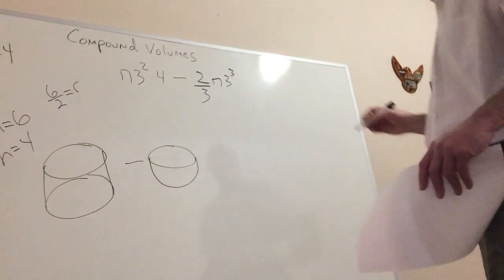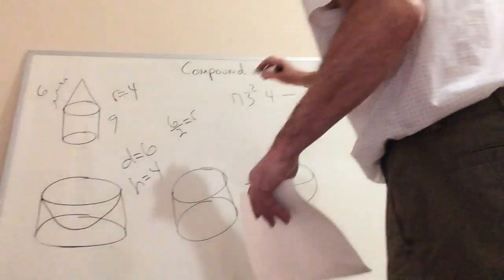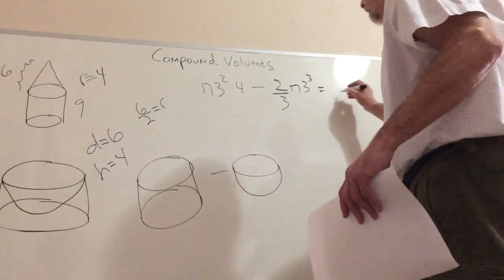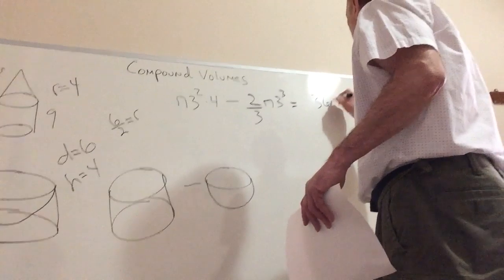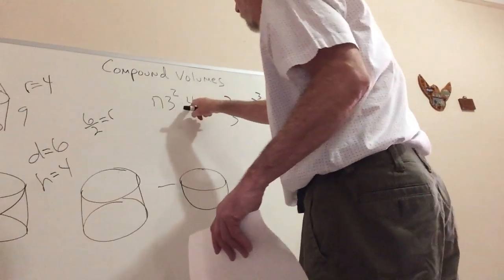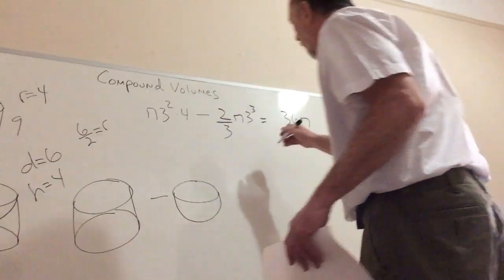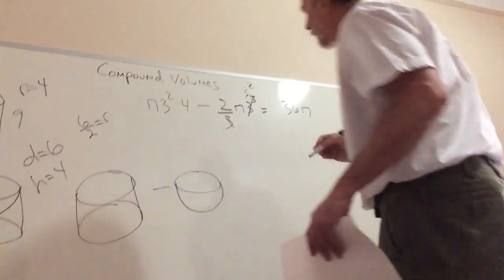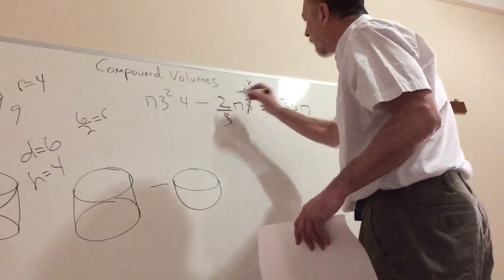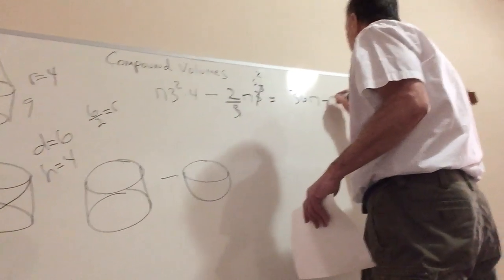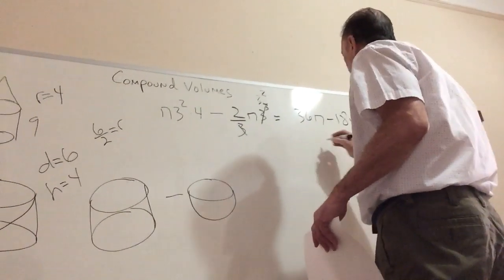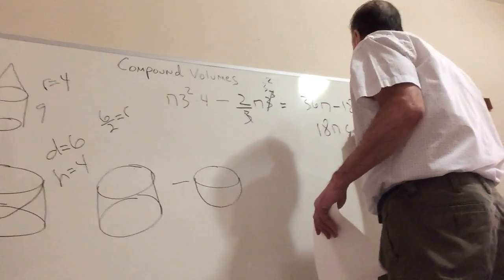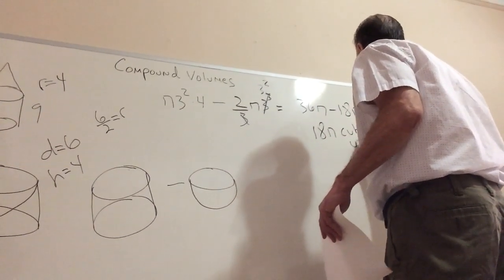So there we put in the numbers where they belong. We're basically doing 6th grade math now. We continue. This is 36 pi. Reason, 9 times 4 is 36. One of the pi's is going to cancel by the product rule. So 9 times 2 is 18 minus 18 pi. So the answer here would be 18 pi cubic units.